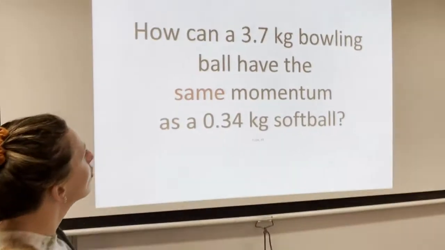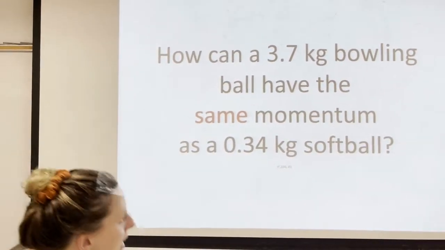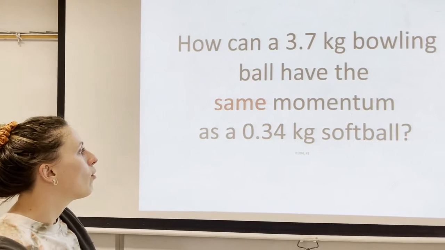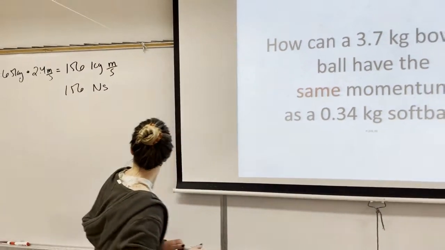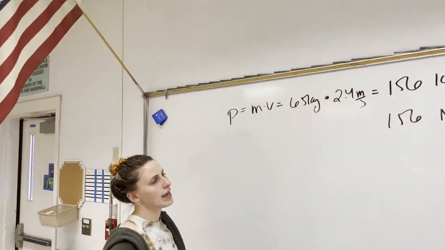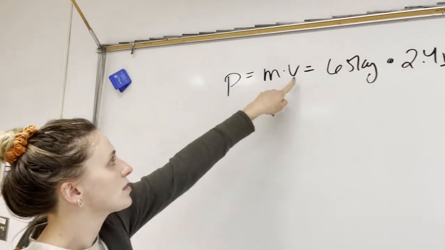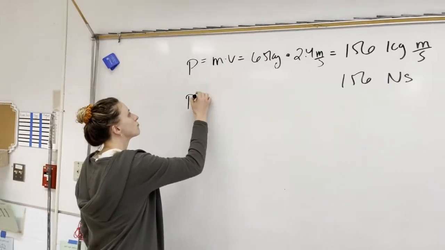Okay, how can a 3.7 kilogram bowling ball have the same momentum as a 0.34 kilogram softball? How can it have the same momentum? Okay. What is momentum? Well, momentum is mass times velocity, right? You got two things to play with. Which one has more mass?